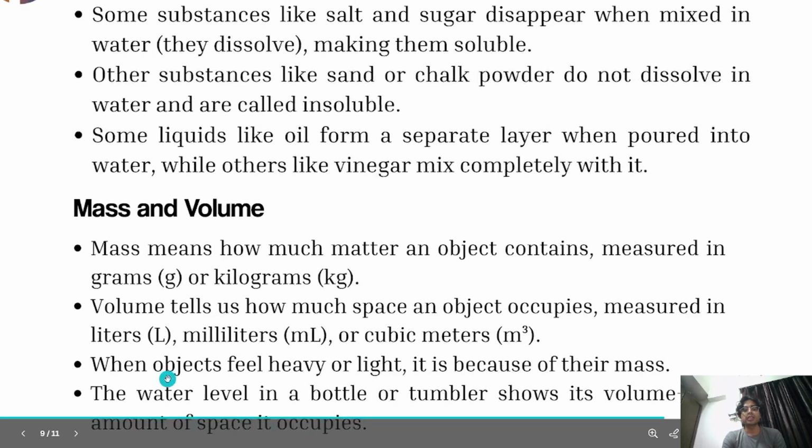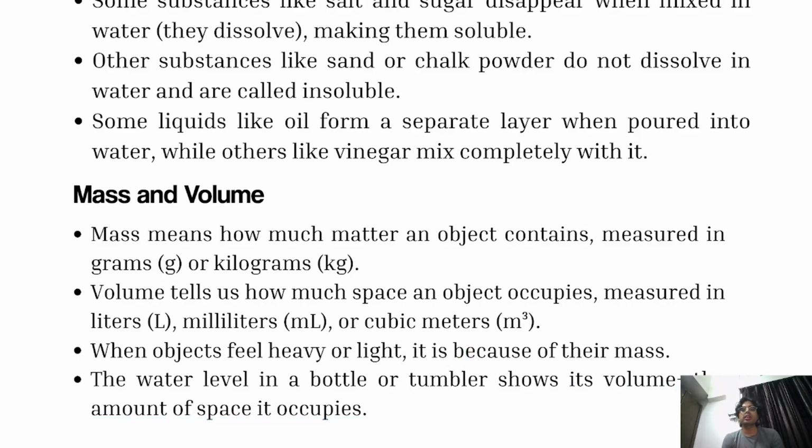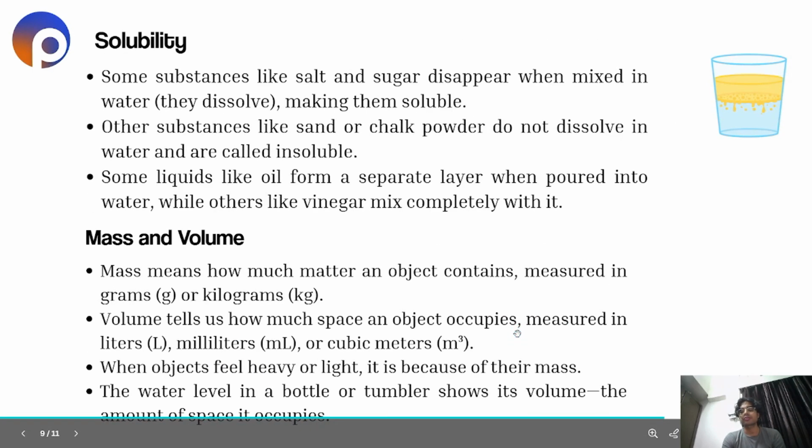When objects feel heavy or light, it is because of their mass. The water level in a bottle or tumbler shows its volume, the amount of space it occupies. So a water level in a bottle or a cup basically tells you how much volume it has, how much water it can hold.